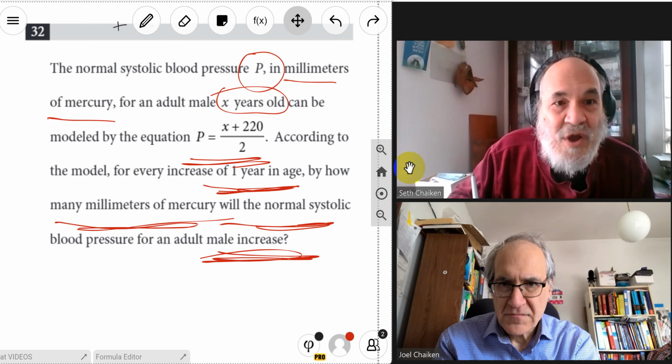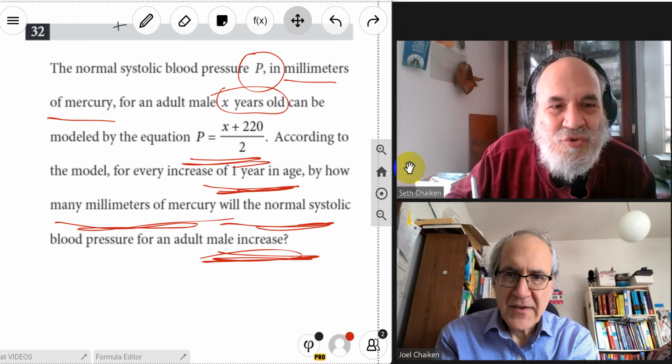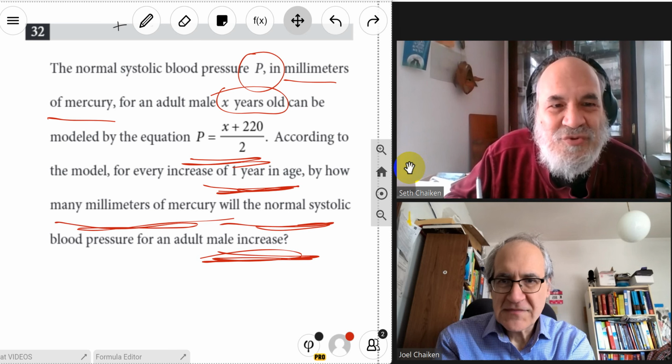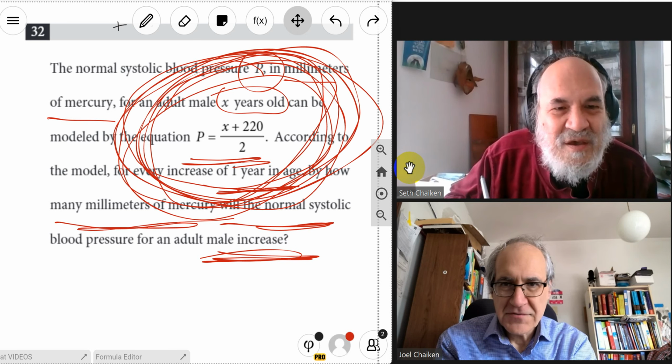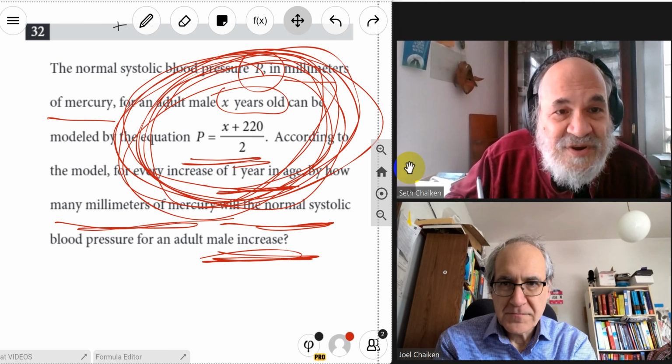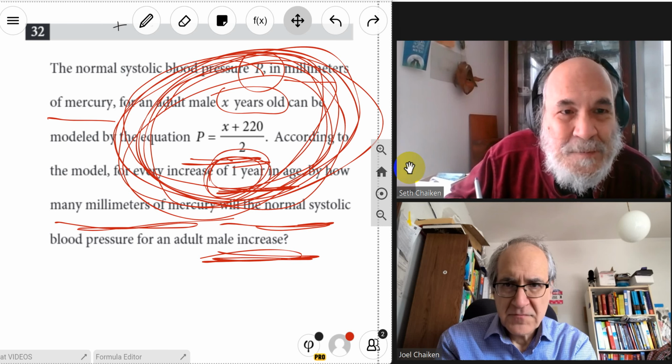Okay, so let's zoom in on the formula. For an increase of 1 year in age, well, X stands for the age. So imagine we take X and add 1 to the age, and what happens?